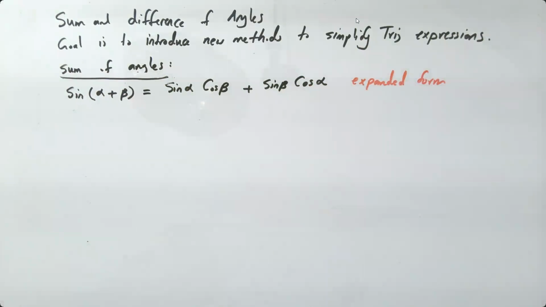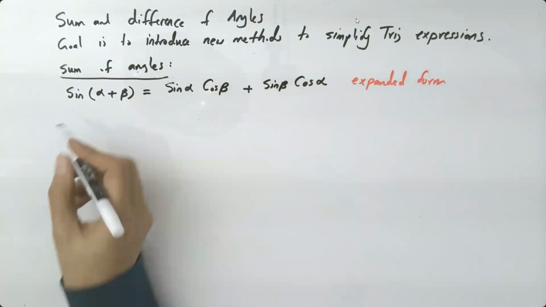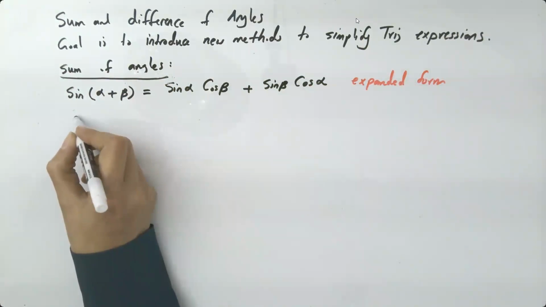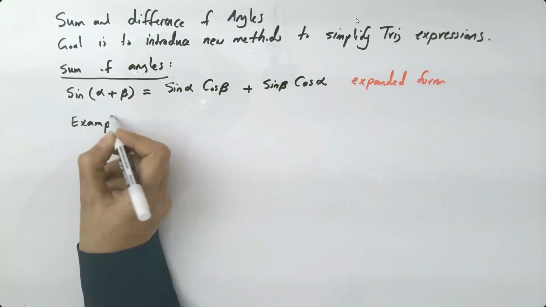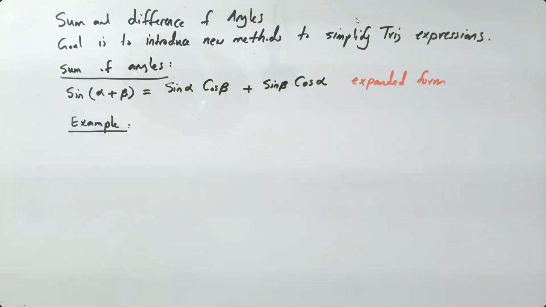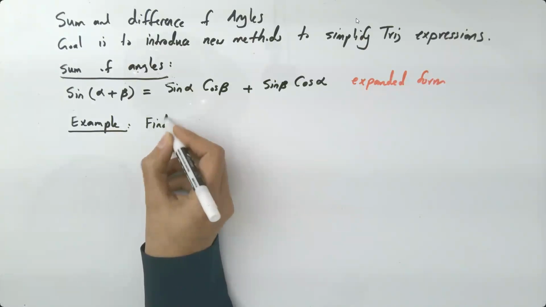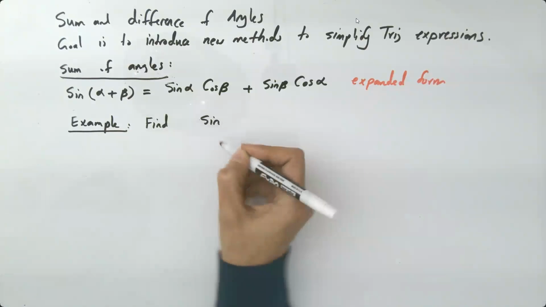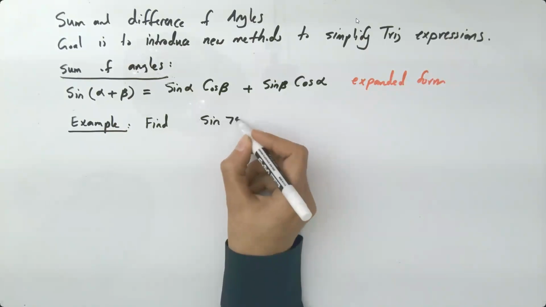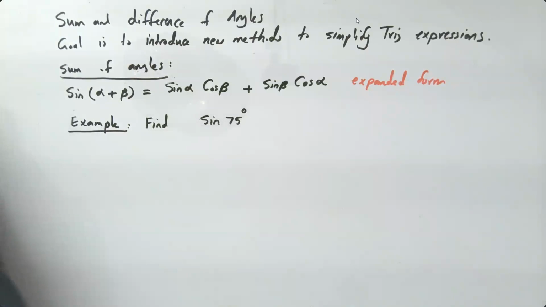Okay, give us an example. Well, think about the following example. Suppose I ask you to find sine of 75 degrees.